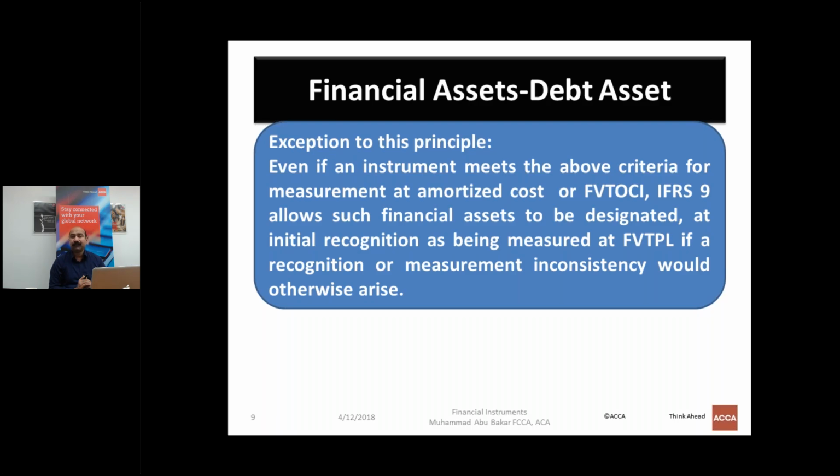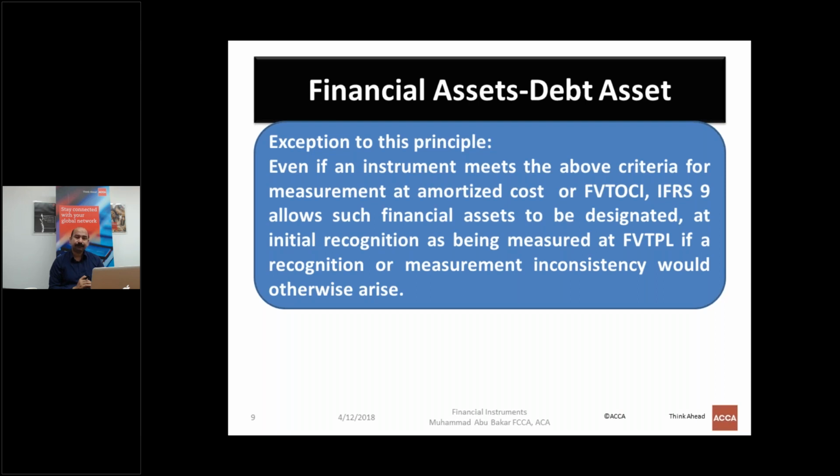But this will result in the accounting mismatch. In that case, instead of meeting those conditions, you will be measuring that financial asset at fair value through profit or loss in order to avoid that accounting mismatch.